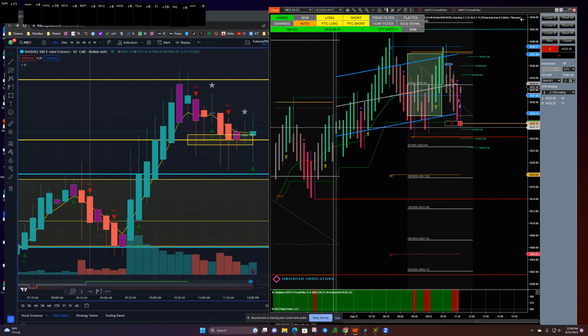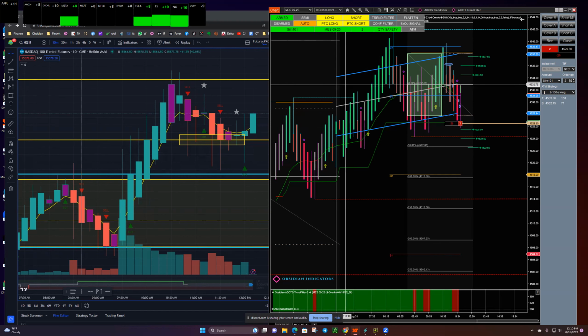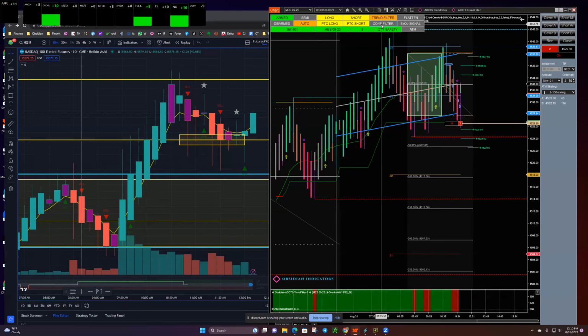And you can speed it up, by the way, by like 10x, so you don't have to sit there for 6-7 hours. And then you can do the trend filter and run it, and see what the difference is in results. And then you can do this confirmation filter and see how the difference is.